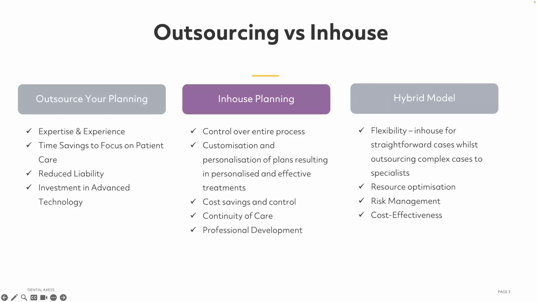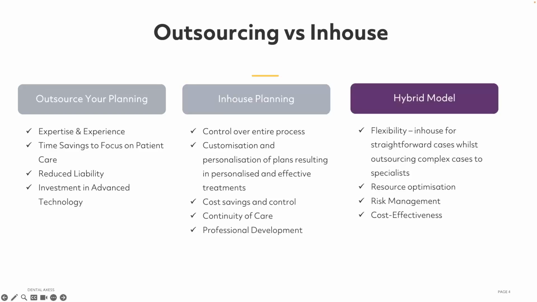Now, there are a lot of benefits of in-house planning, such as being able to have complete control over the whole treatment process, being able to customize it based on your patient preferences and their history, and then having that continuity of care as they come back and have changes or are not fitted well because they haven't been wearing their aligners, for example. And lastly, of course, cost savings and professional development for yourself.